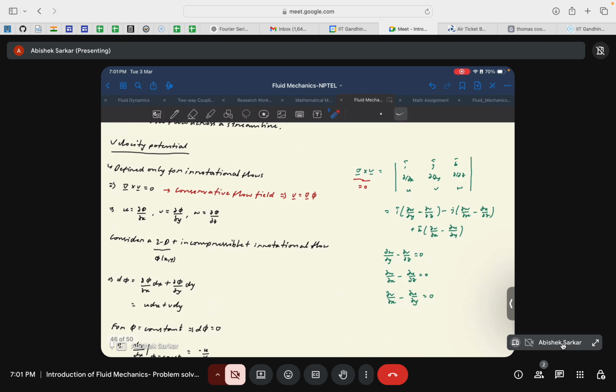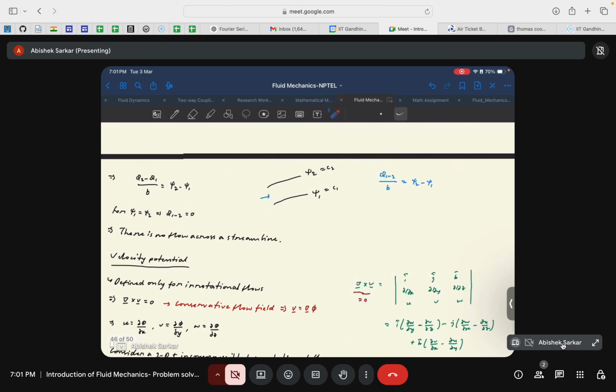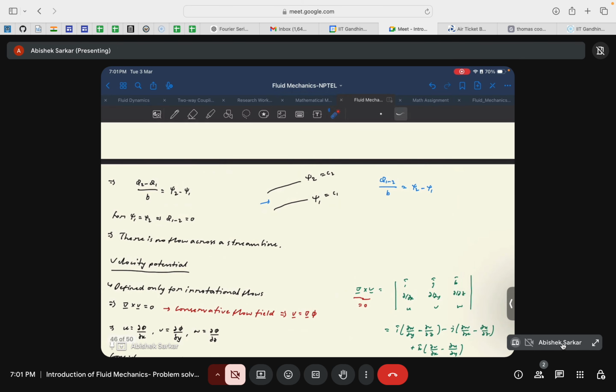So the last part of this discussion boils down to the velocity potential. But I'm really sorry, I think in all this I just skipped the part of why we deal with stream functions. When this is limited to only 2D incompressible flows, why at all bother about defining another parameter, the stream function?